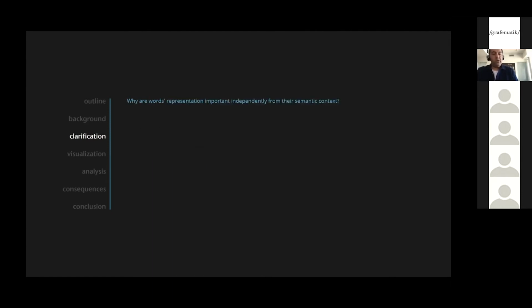But why is word representation important independently from its semantic context? This analytical process focuses on the ambiguity inherent in the script at the word level. The absence of short vowels in Persian script is a particularly significant issue in the modern world of telegraphic, sometimes word-length communication, such as texting and wayfinding environments.